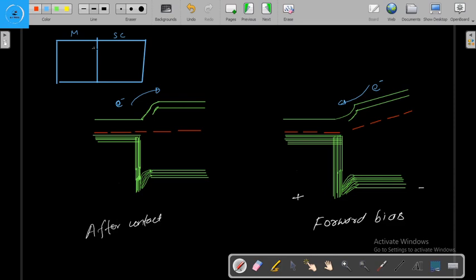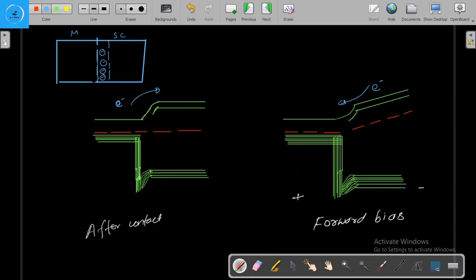Hence, the positive depletion is from here. Since the metal has a large number of electrons, this positive region will be eliminated, and now the depletion region will exist here.